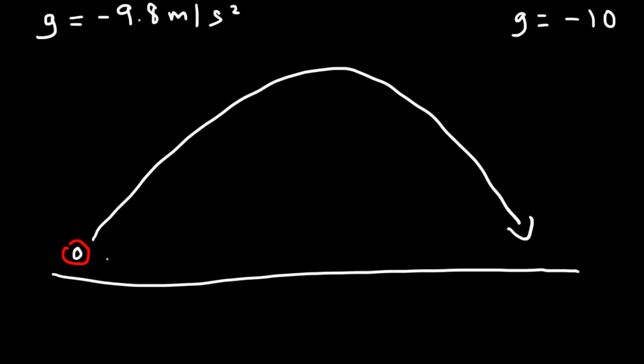Let's say the horizontal velocity, Vx, is 7, and the vertical velocity, Vy, is 30. Now 1 second later, what do you think the horizontal and the vertical velocity will be? And what about 2 seconds later, and then 3 seconds later, and so forth?